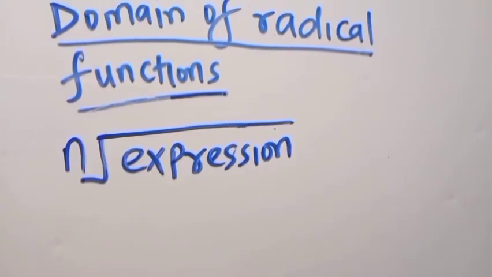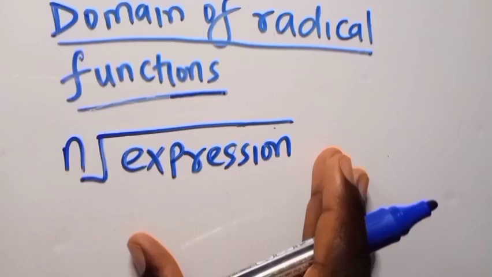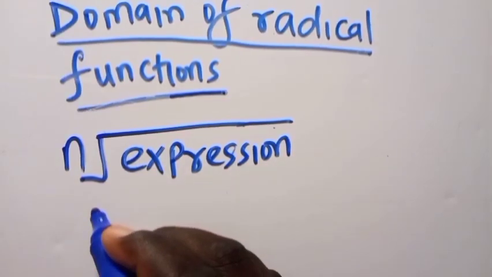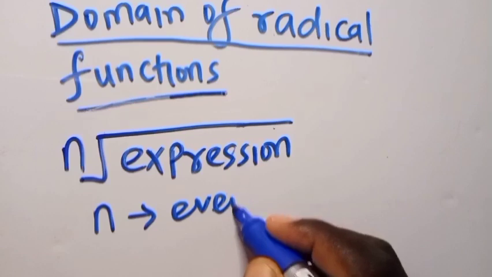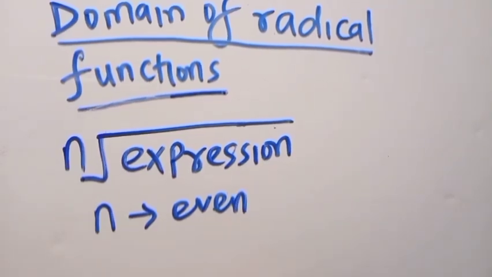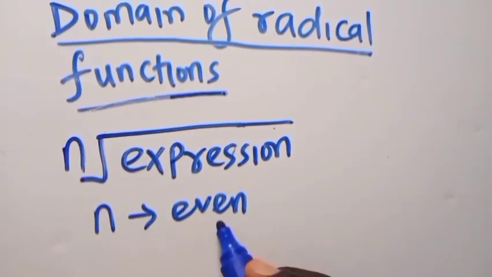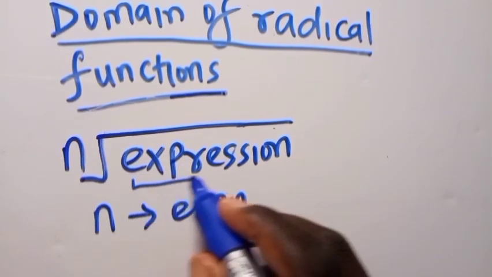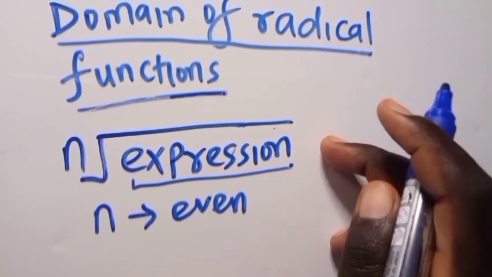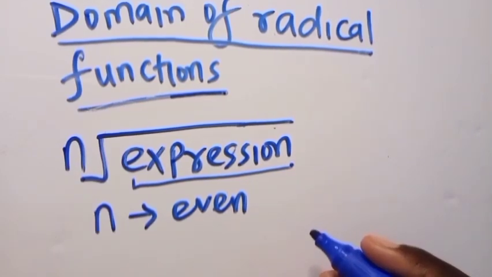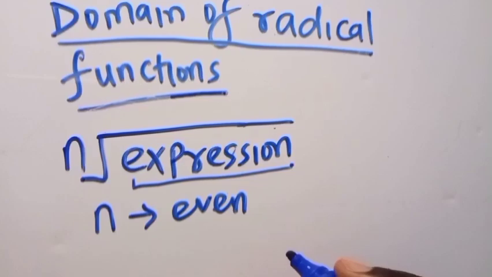Now, let us also look at when n is even. When n is even, for example, square root, 4th root, 6th root, 8th root, and so on, this expression that is under the root sign must be greater than or equal to 0.